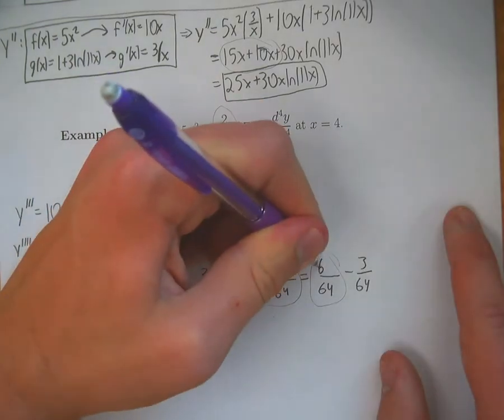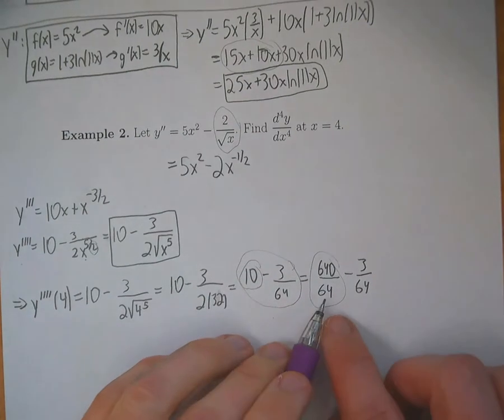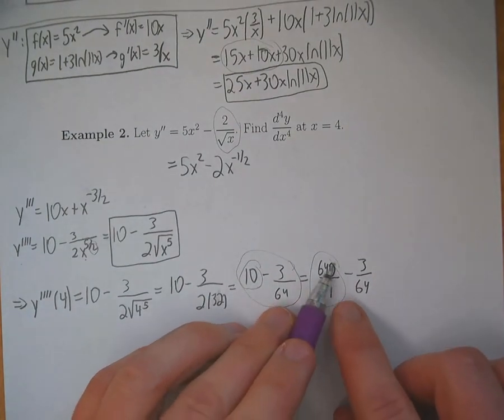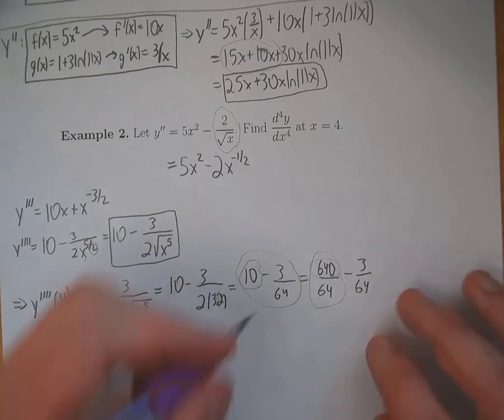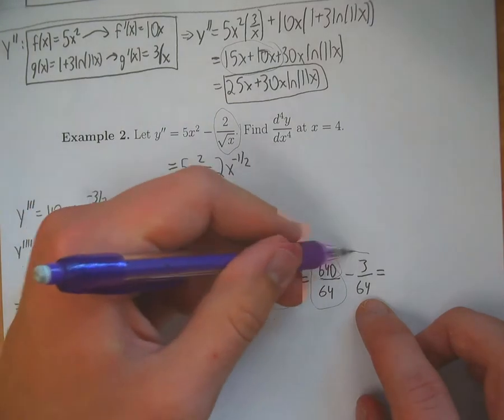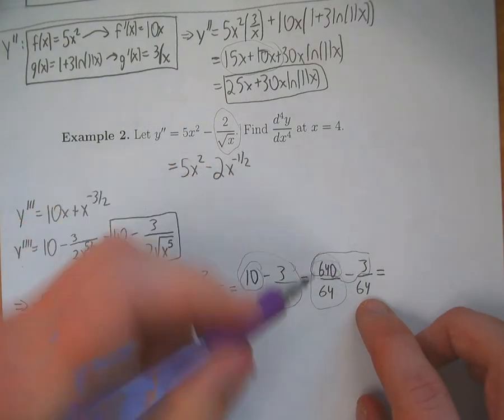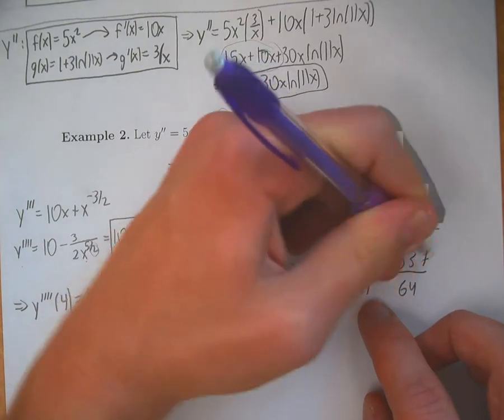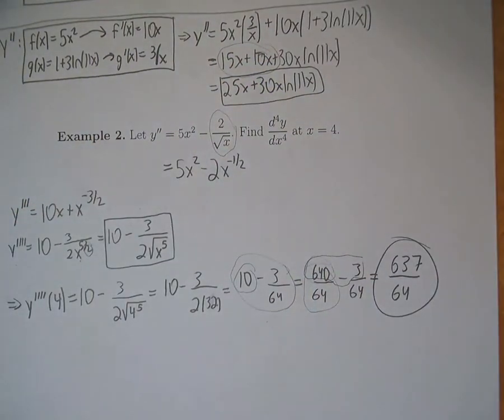Yep, 640, right? Essentially, all you're doing to 64 is multiplying it by 10 to get the numerator. Okay? And now that these two have common denominators, you can combine these to get 637 over 64. And that, ladies and gentlemen, is your final answer for example 2. Are there any questions on that?